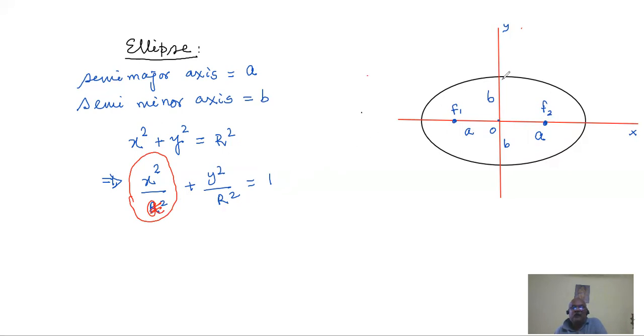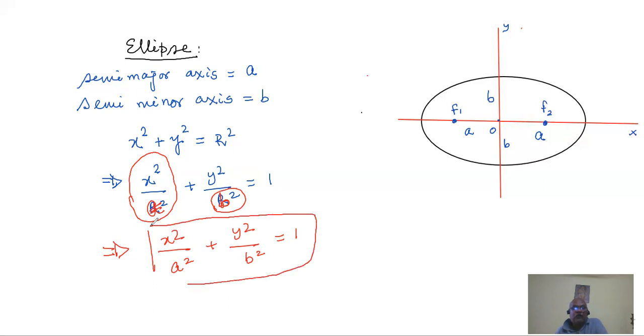Similarly, for the other side, y square by r square, along y, b is behaving somewhat as r. So if you replace r by b, then we get the equation of an ellipse. The equation of an ellipse is x square by a square plus y square by b square equal to 1. That means x square by semi-major axis square plus y square by semi-minor axis square is equal to 1. That is the equation of an ellipse.